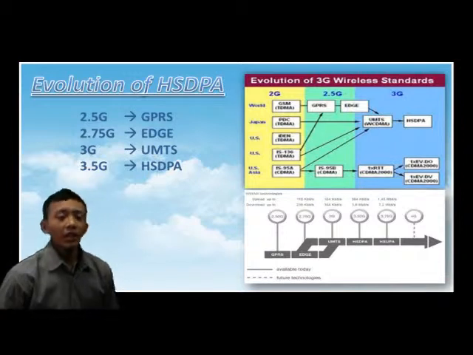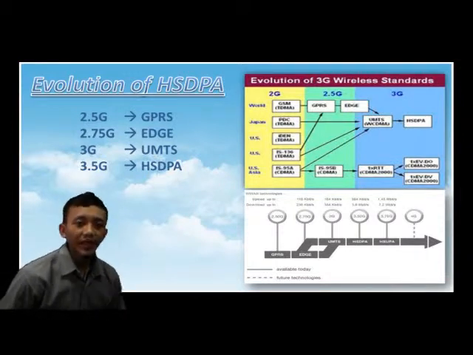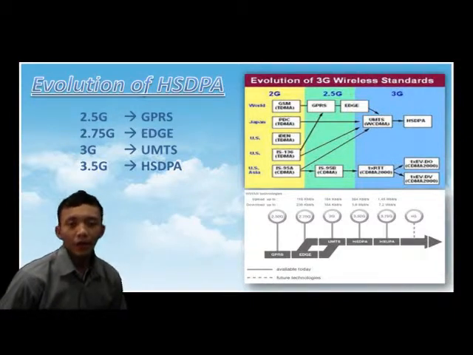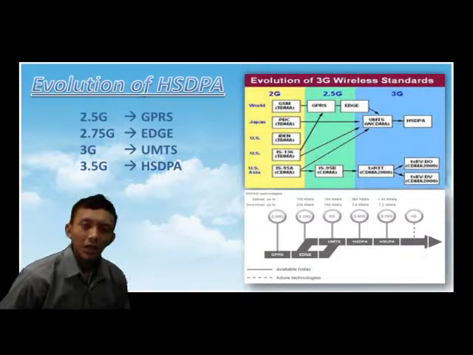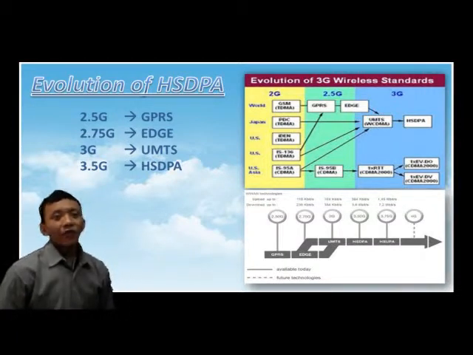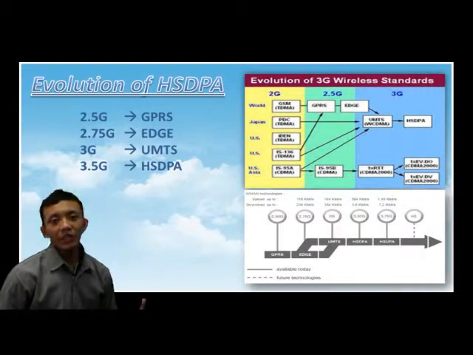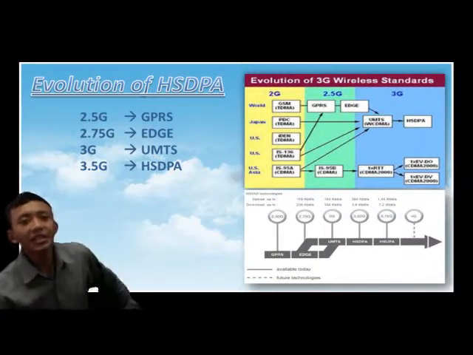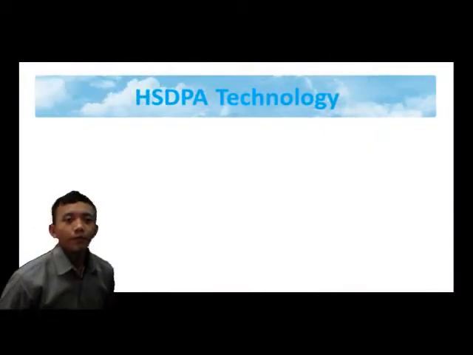And finally, it will extend to 3.75G or HSUPA, high-speed uplink packet access. And for communication, 3G and 3.5G technologies remain the most important. Okay, next.